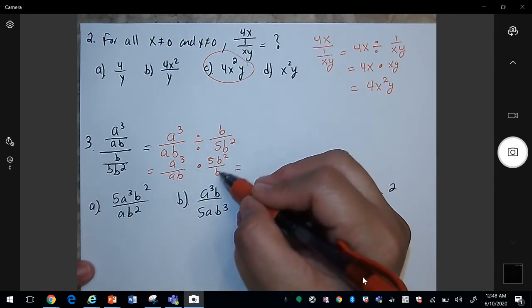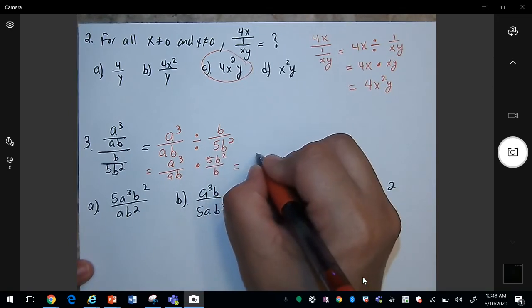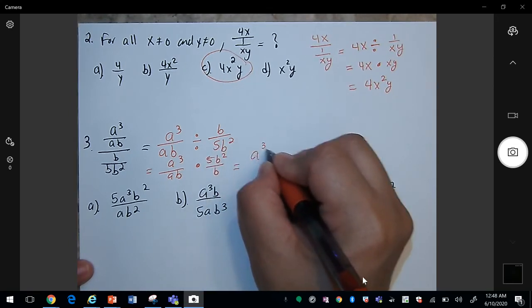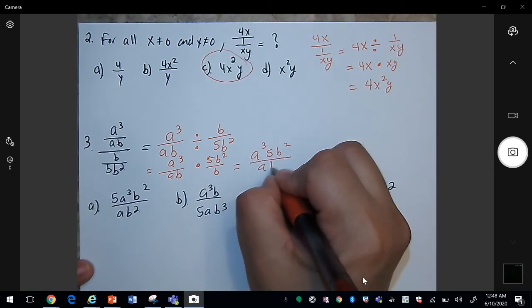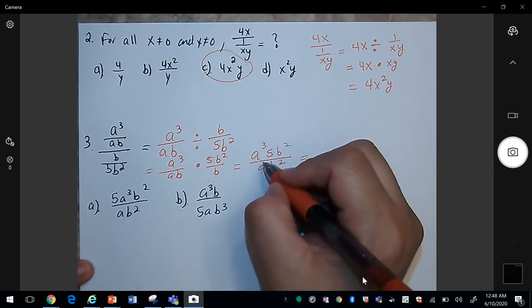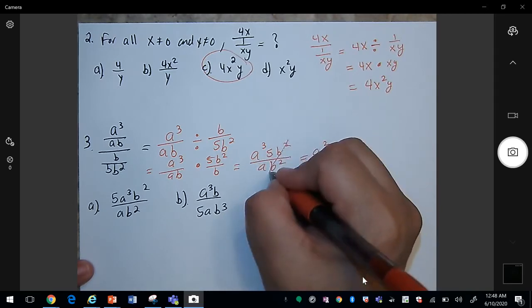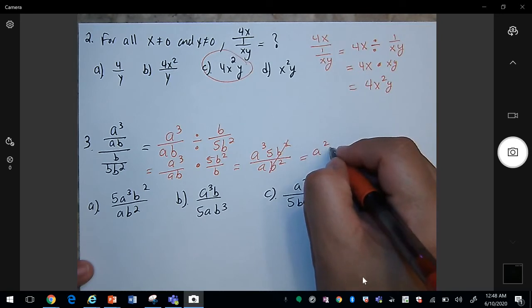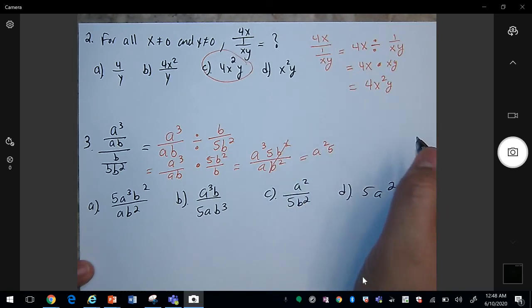And my b squared and my b, I can reduce that already. But I'm just going to go ahead and multiply across. So I get a cubed times 5b squared divided by ab squared. So a cubed divided by a is a squared. The b squareds cancel, giving me 5. So my answer here is 5a squared.